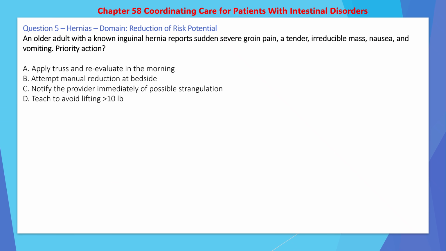Question 5. Hernias, domain reduction of risk potential. An older adult with an inguinal hernia reports sudden severe groin pain, a tender, irreducible mass, nausea, and vomiting. So the nursing priority action is one of the following.